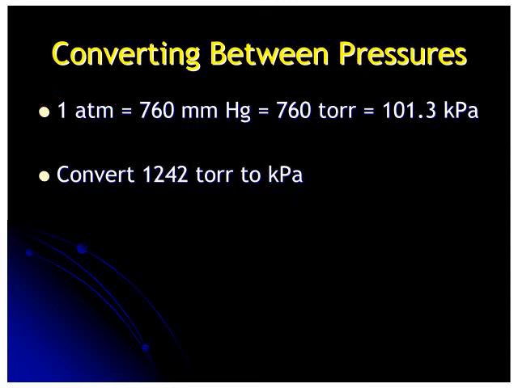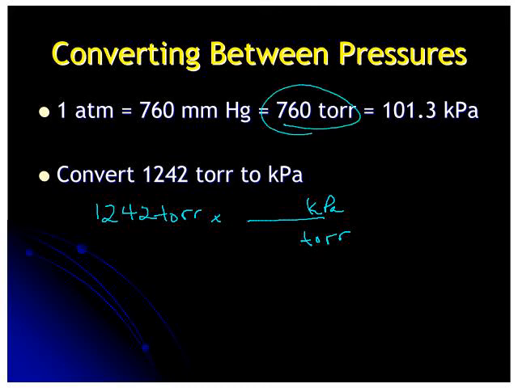That's all we're going to do in this section, practice different conversion problems. If you want to pause and check your answers if you feel comfortable with this, that is fine. So here we go, 1,242 torrs. This time we're going to change it to kilopascals, kPa. There is 760 torrs and 101.3 kilopascals.